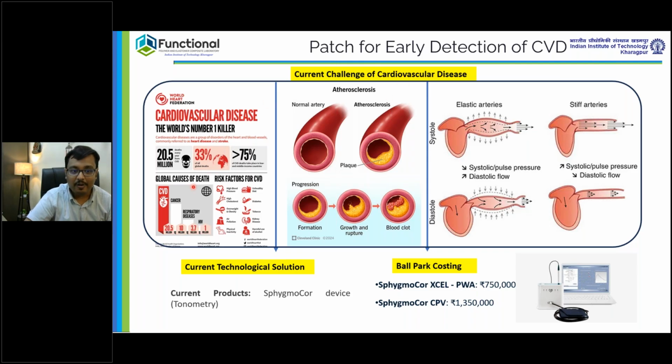You can see this is from the World Heart Federation. Now, there could be multiple factors involved, but one of the primary reasons for cardiovascular disease is atherosclerosis, which is nothing but plaque deposition in your arteries.